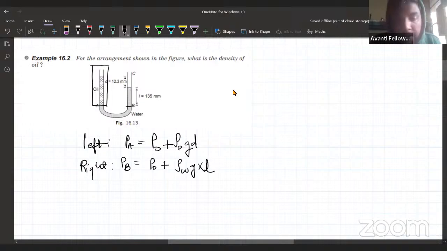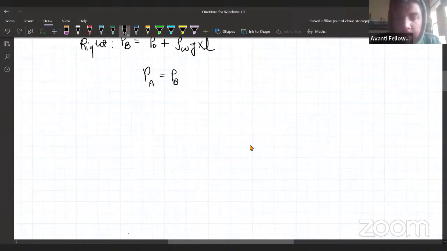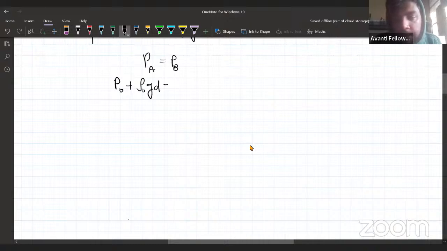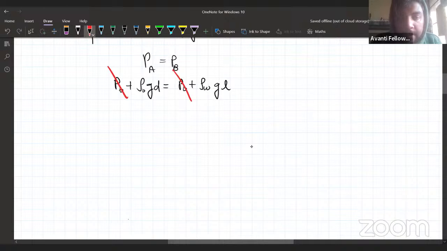I'm going to equate these two because on the same horizontal level, the pressure will be the same. Pressure at A will be equal to pressure at B. As simple as that. Pressure at A is P naught plus rho of oil into G into D, and pressure at B is P naught plus rho of water into G into L. Now P naught and P naught cancel out.